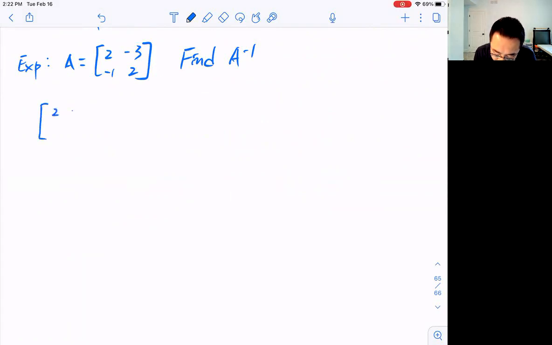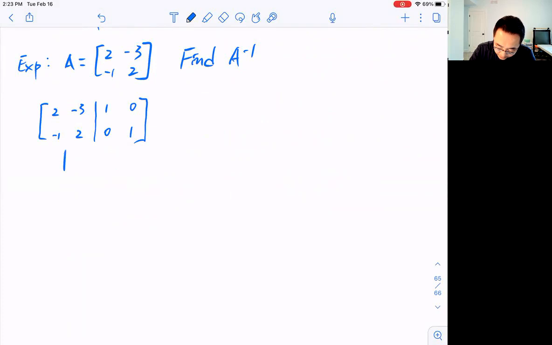You list A on one side, then do a vertical line and put an identity matrix of the same order on this side. So it's the 2 by 2 identity matrix. Now your goal is to turn this side into an identity matrix, and whatever the right side ends up being is going to be your inverse.